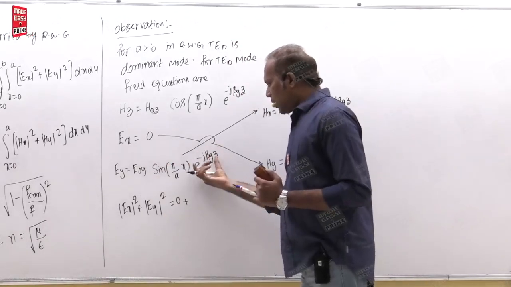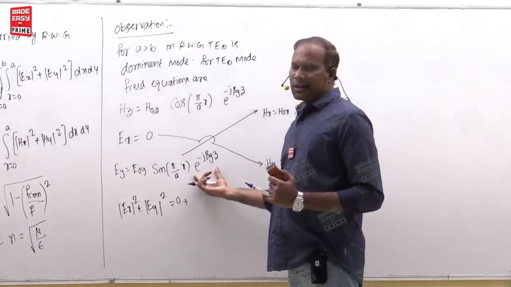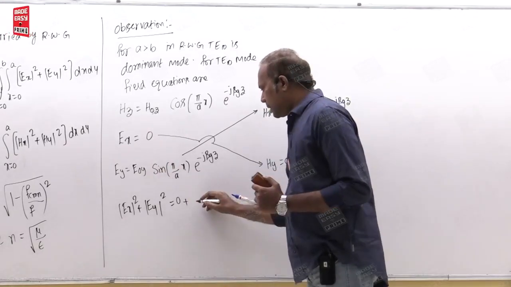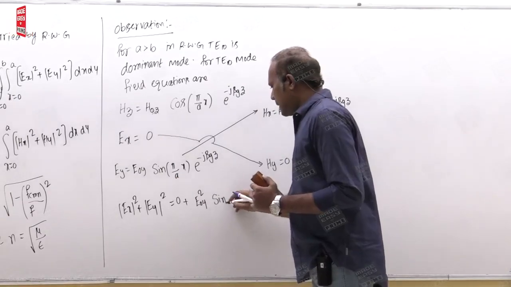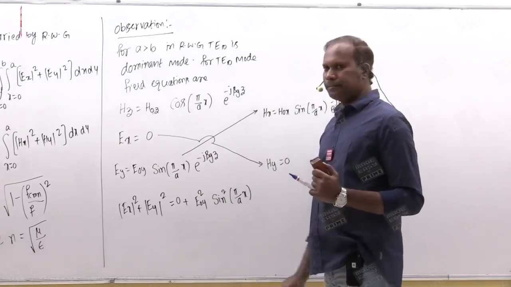If you take the mod of e^(jθ), the mod is root of cos squared θ plus sin squared θ, that is 1, then only E0y squared remains, and then sin squared of πx/a.